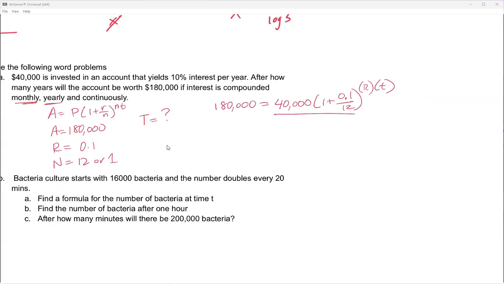So you divide both sides by 40,000. $180 divided by 40 is 4.5 is equal to, and then put 0.1 divided by 12. So 0.1 divided by 12 is 0.008. Add 1 to that. So inside will be 1.0833 to the 12t power.